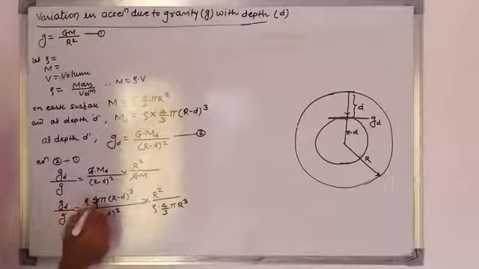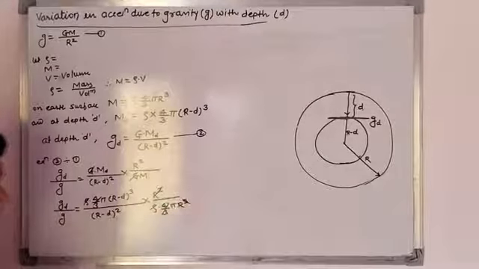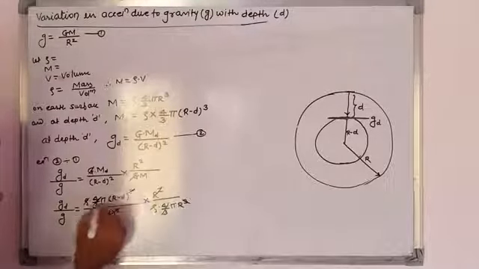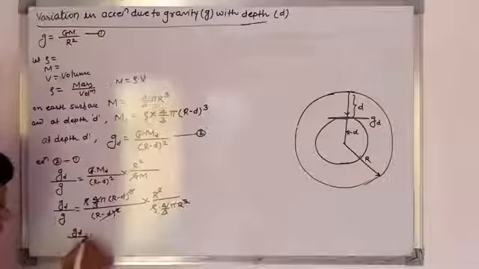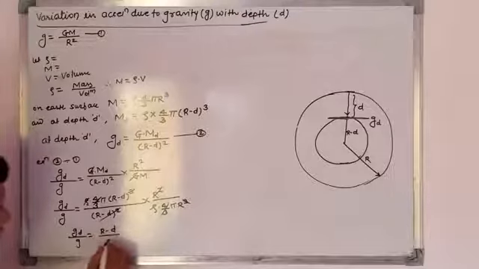Now this rho 4/3 pi gets cancelled. This r square gets cancelled. Here r minus d square gets cancelled, and here we write gd upon g is equal to r minus d upon r.